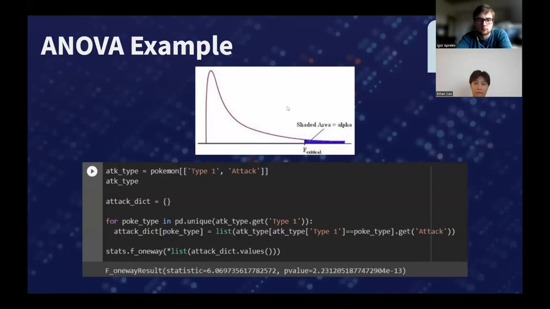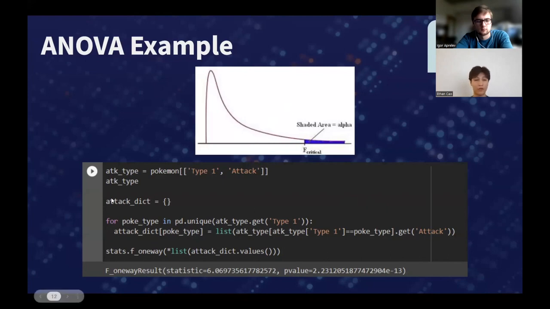So if you can see here, we don't have to go over to the notebook because I put it right here. This is what an ANOVA distribution looks like, right? And this F value gives us the probability that this occurred purely by chance, if they all came from the same distribution.